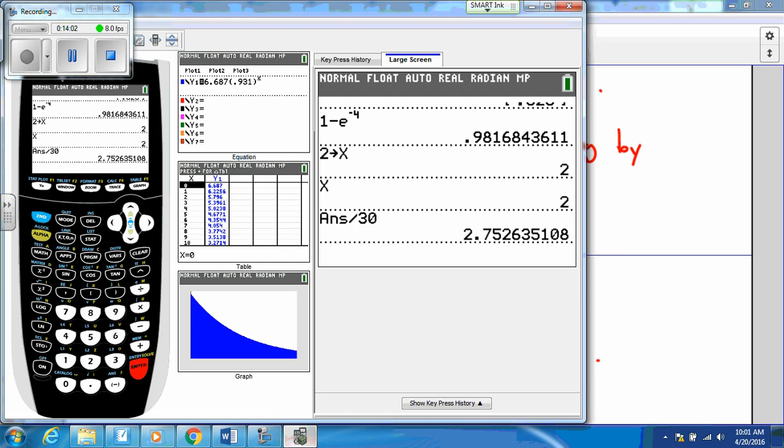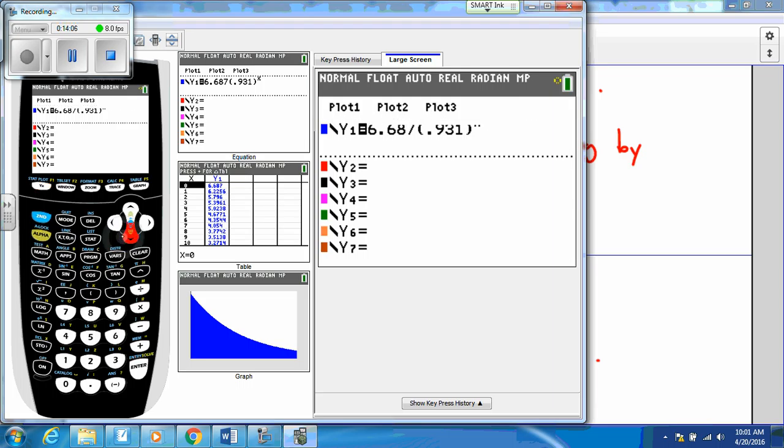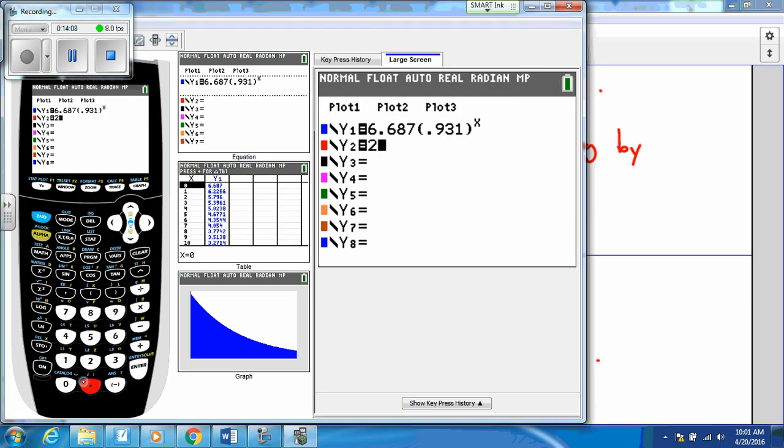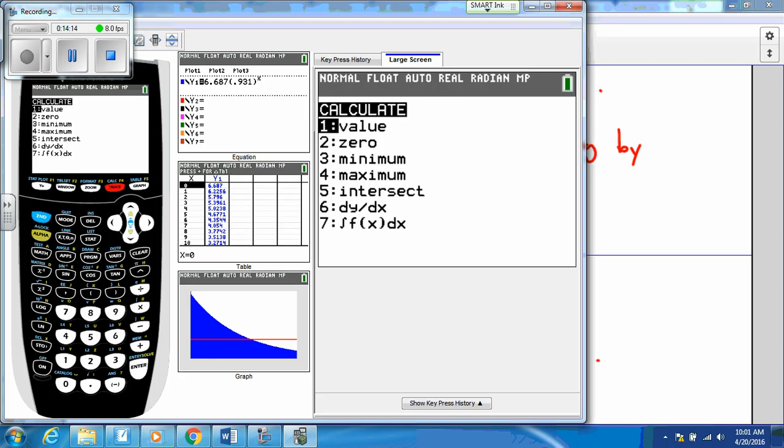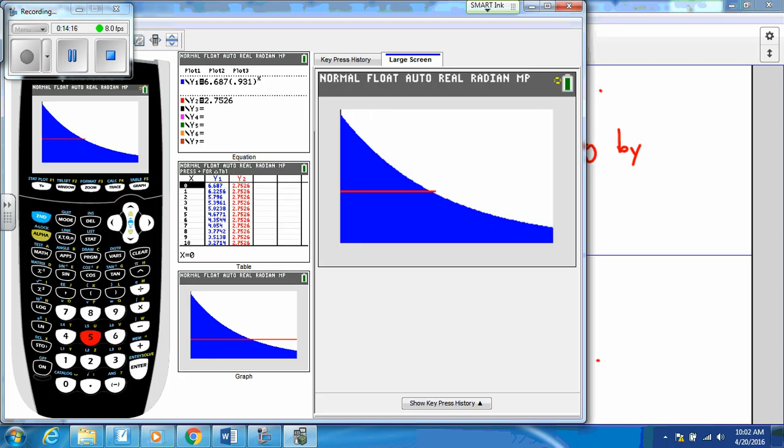And so now I want that to be equal to A of t. I already have A of t, so I can let Y2 equal 0.7526 and find the intersection point. One of the features of these questions is that if you are clever with your calculator, you can do these questions more quickly.